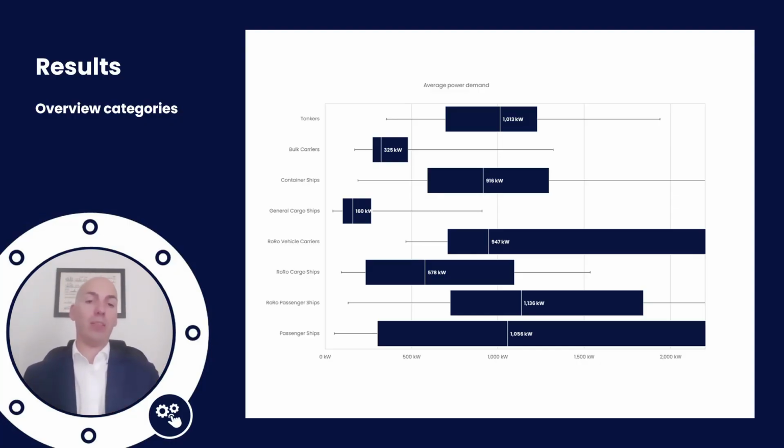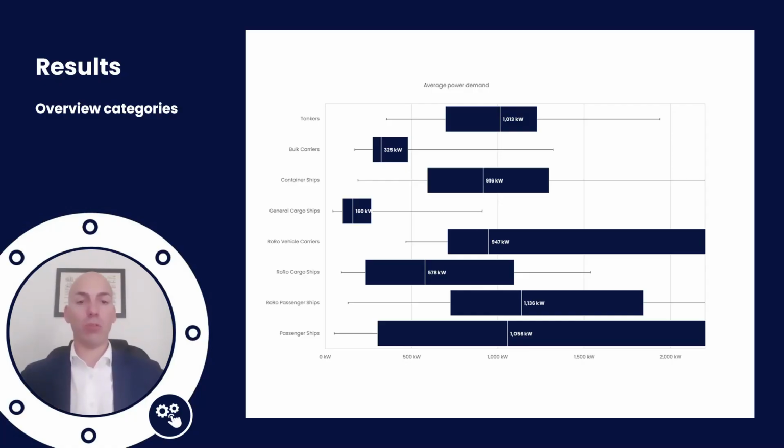You can see that they well exceed 2000 plus kilowatts in their 50% confidence band, and then there's also that 25% extra. So there is really a very good incentive to go deeper into the ship itself.